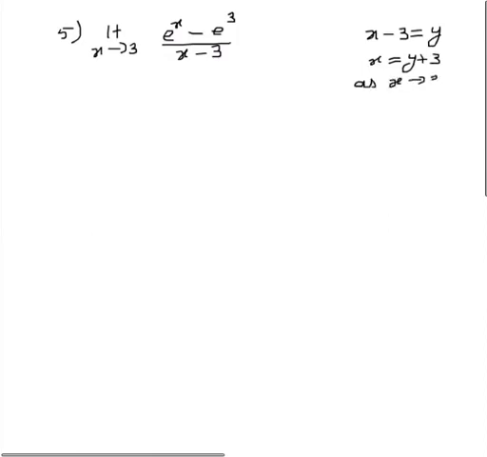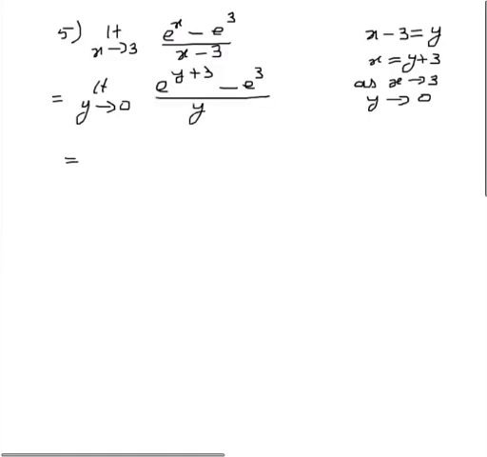And as x tends to 3, y tends to 0. Let us change the variable. Limit y tending to 0 of e raised to x is y plus 3 minus e raised to 3 divided by x minus 3 is y.